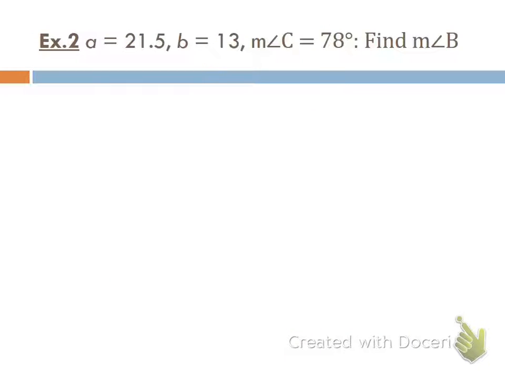The next one is the same type of situation. We are looking for the measure of angle B. The information given to us does not give us a matched up pair of opposite side with its angle. So we are first going to find what?